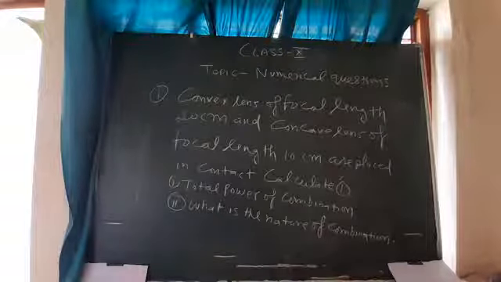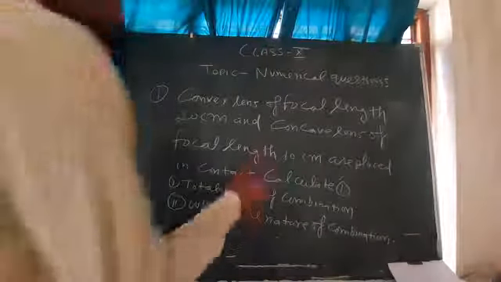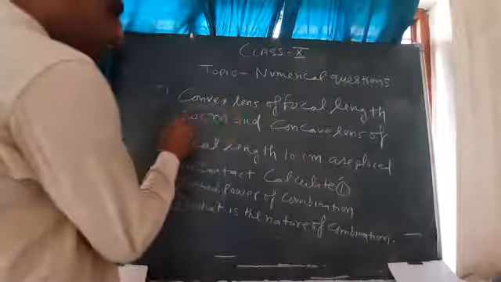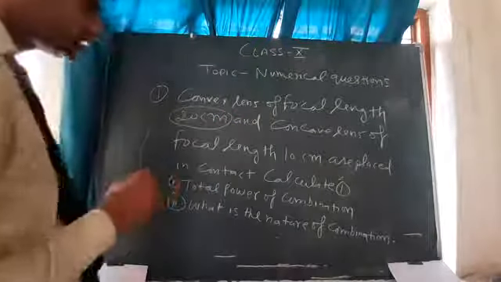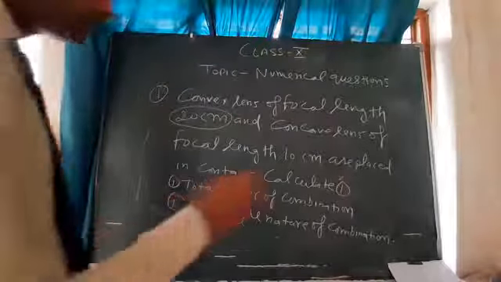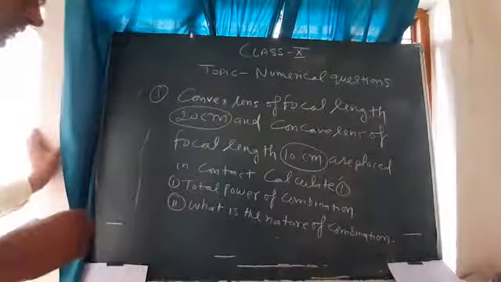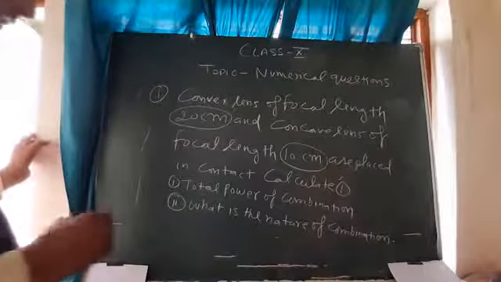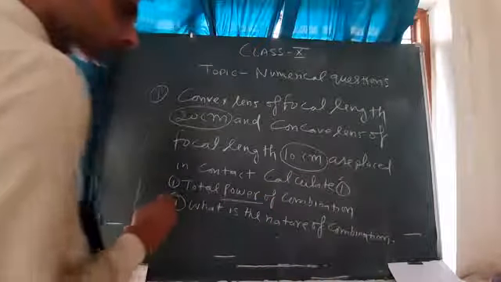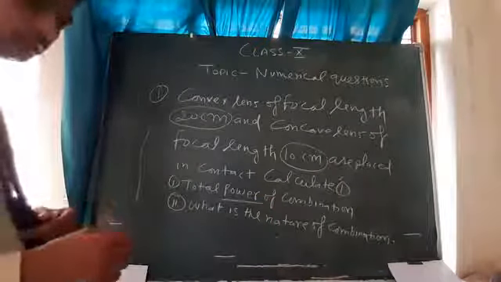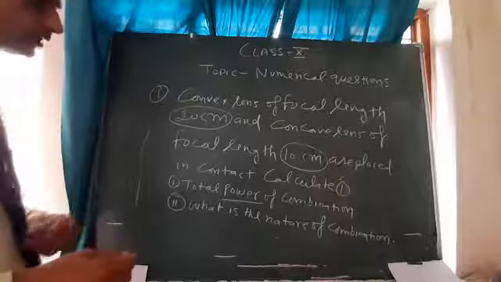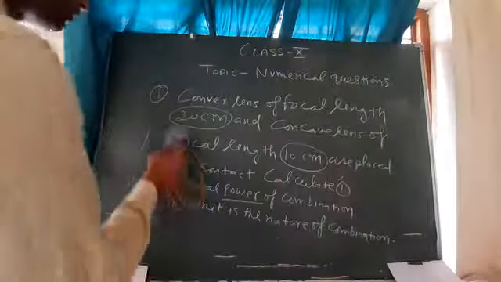In this question, the focal length is given 20 centimeter for the first lens, and for the second lens it is 10 centimeter, and we have to find the power. Okay, so I think you noted this question, and I am going to solve this problem.